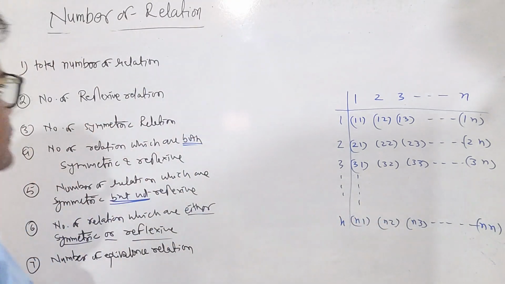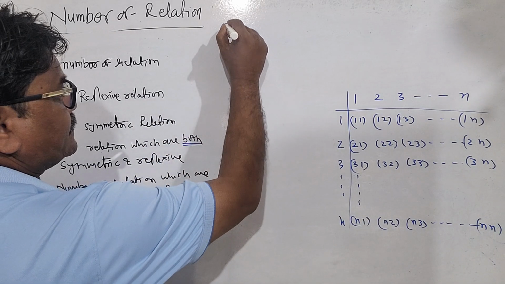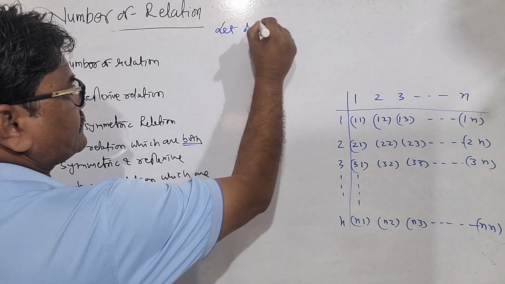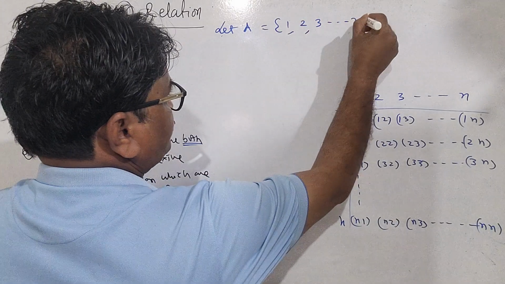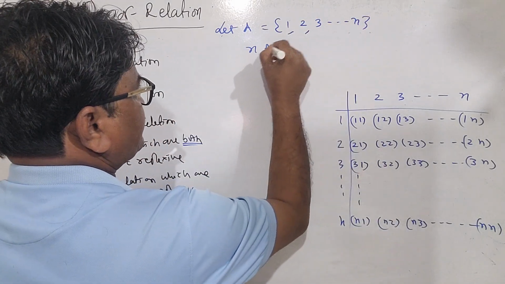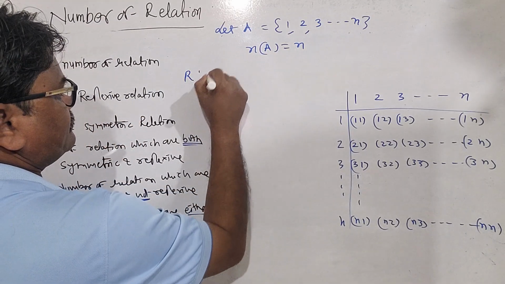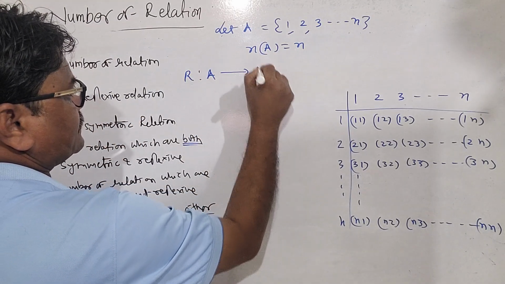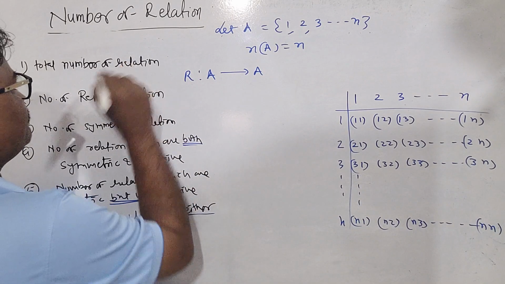Okay, so let's start. Let A be any set containing n elements, that is, the order of A is n, and R is a relation defined from A to A. Then we have to find out the total number of relations.